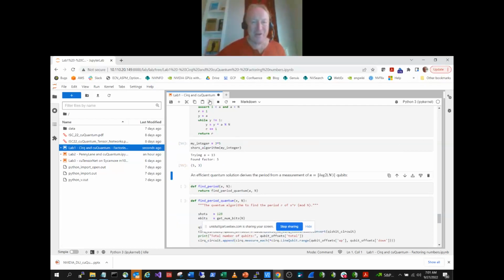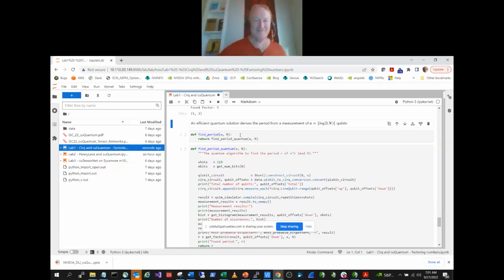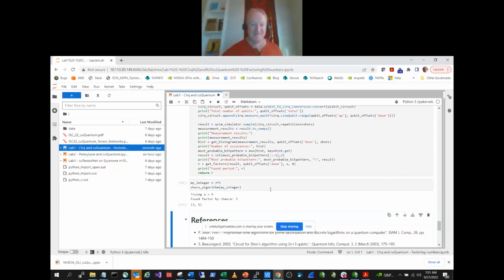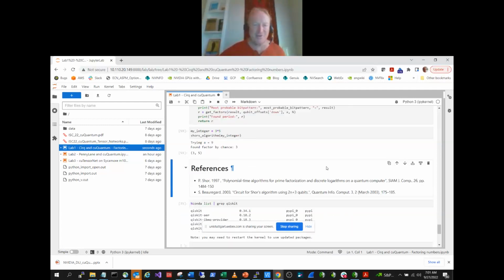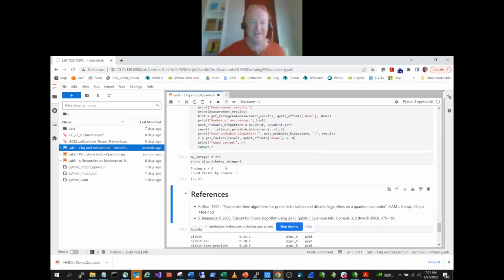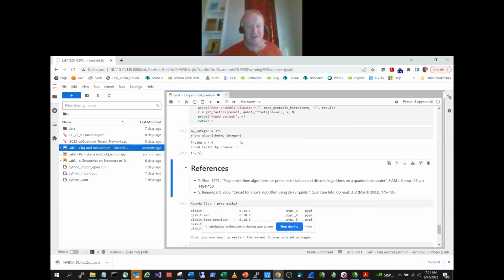So we have a factorization. Again, not spectacular in terms of the magnitude of the scale here or the timing of it, but you can just see all the stuff working, and indeed we get our factorization answers correctly.